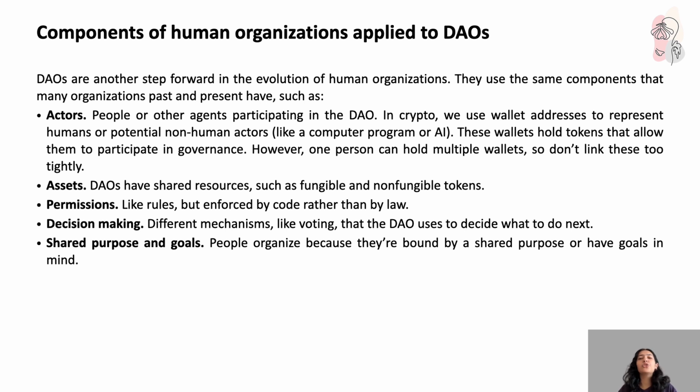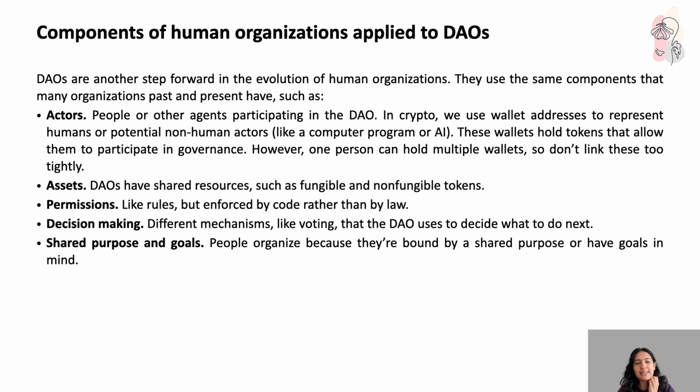These wallets hold tokens that allow them to participate in the governance. However, you cannot map it as one person to one wallet, because it is not the case. Many times, one person can hold multiple wallets. So please don't link these two tightly.